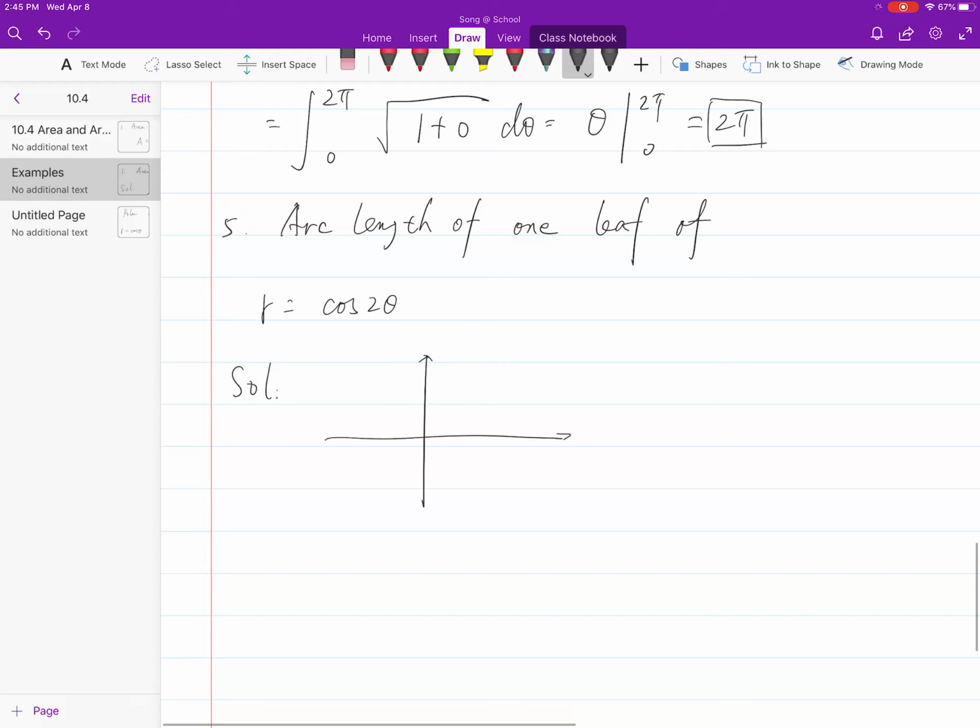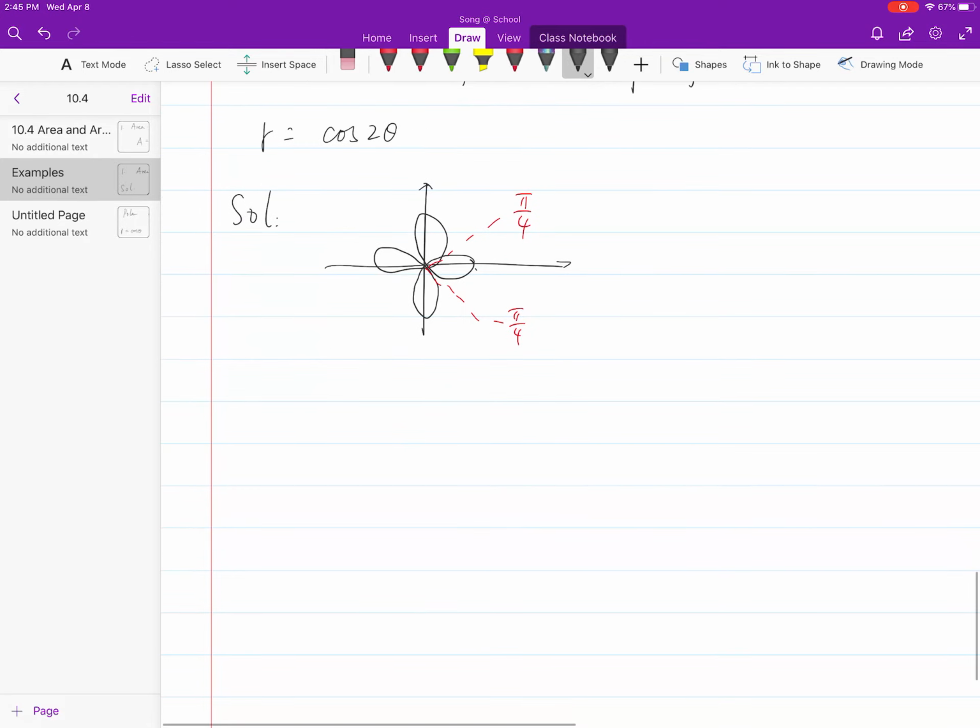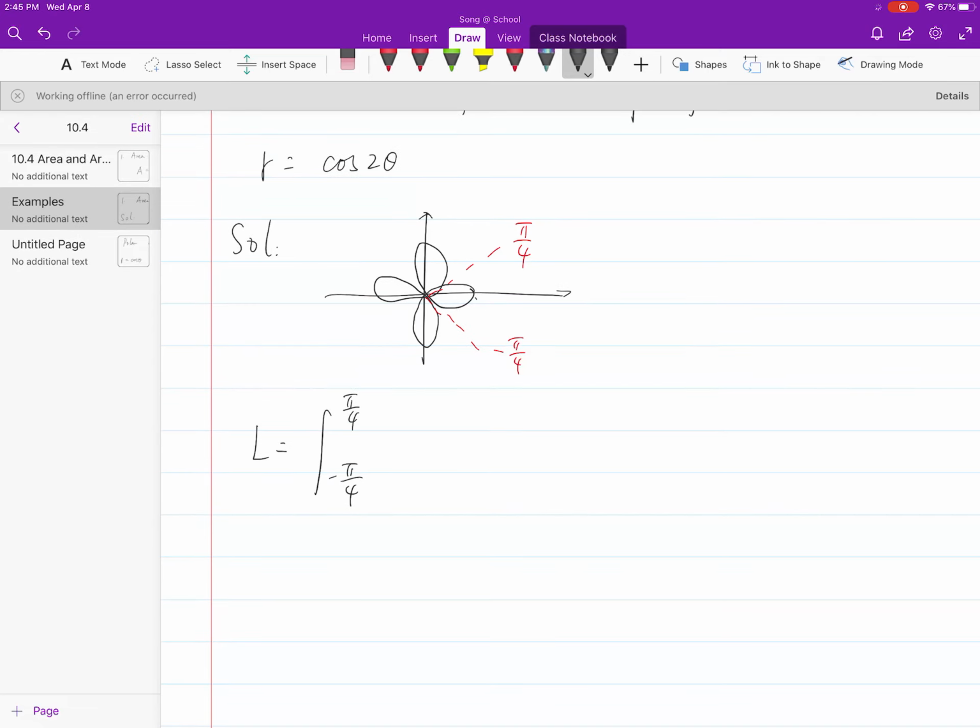Here is the thing. We have leaf 1, 2, 3, and 4. We already did this in the previous example. This is negative π over 4. This is positive π over 4. With all that information, our L is going to be from here to here if I'm taking this piece.